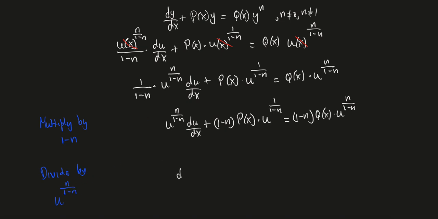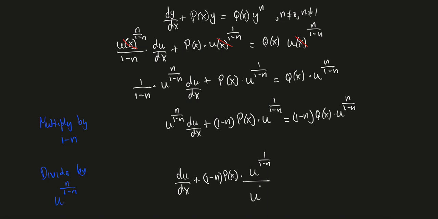So then that will leave us with du dx plus, now since this part here doesn't involve the u, I'm going to bring those factors down, and then I'll have the u to the 1 over 1 minus n, and that's what I'm going to divide, because this is where I'm really going to see how things simplify.